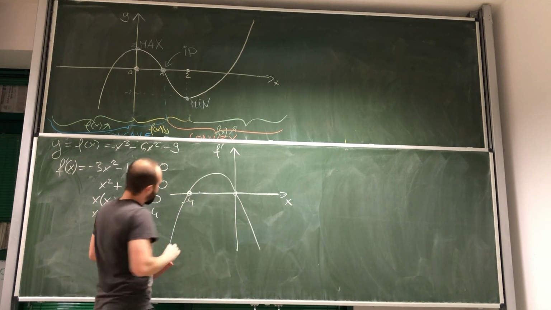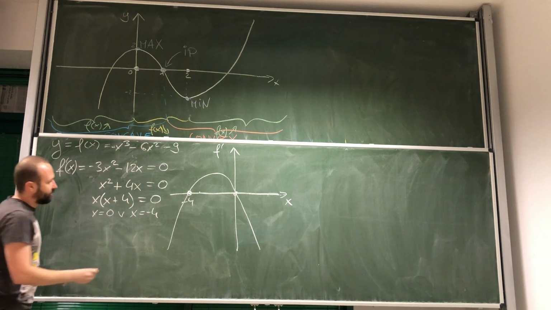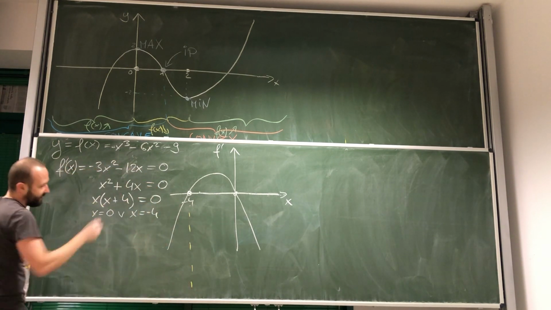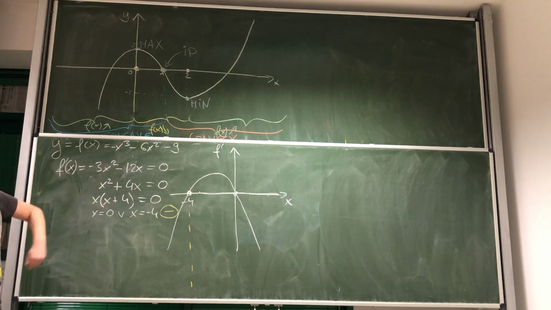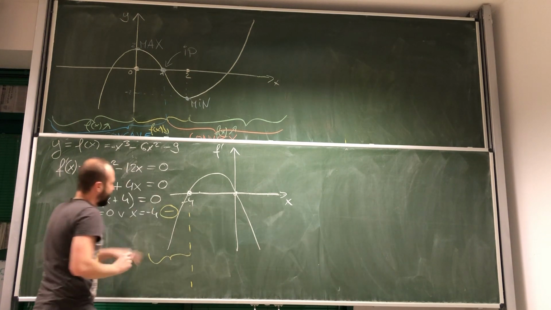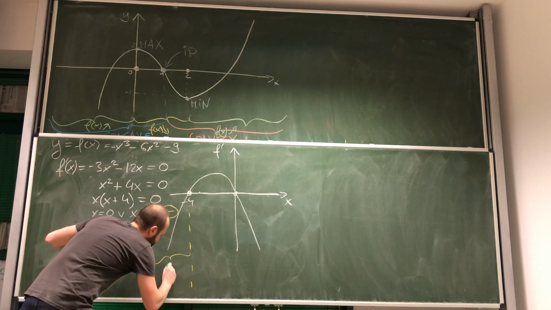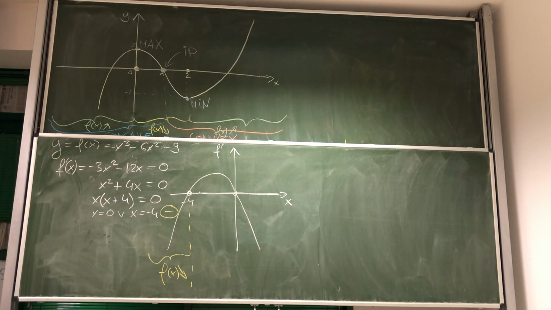Okay. Now, what do we learn out of this? That, look, between negative infinity and negative 4, function has a negative slope, which means that the function is decreasing.